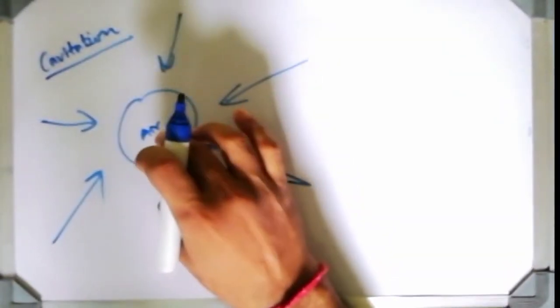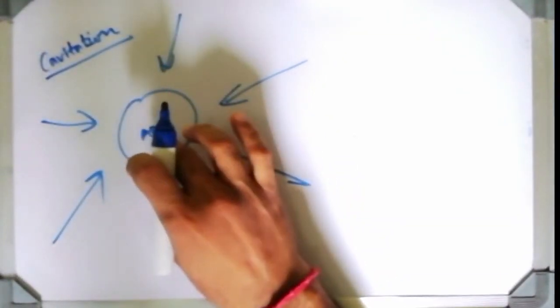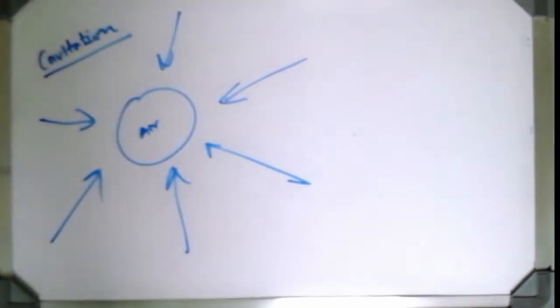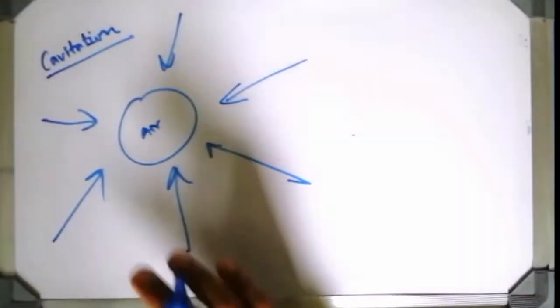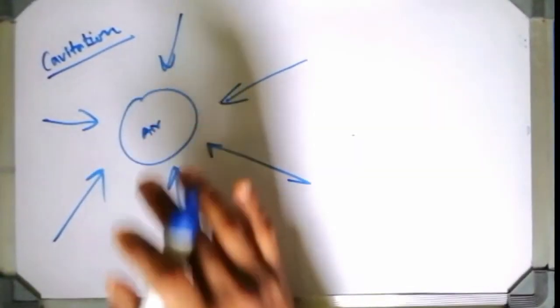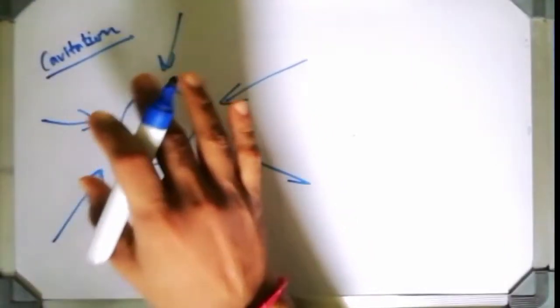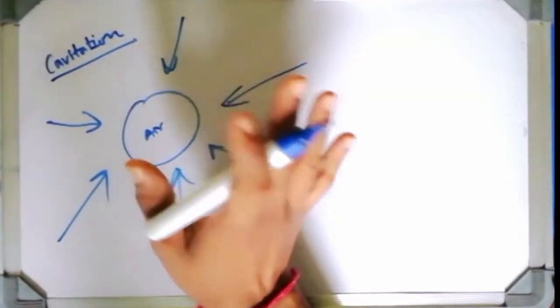If the bursting of bubbles takes place at the impeller, then all that fluid is going to hit that particular impeller part, and it will create a pitting action, by which repetitive cavitation can damage the impeller blade. It can very severely damage the impeller blade. So that is a very common phenomenon which is known as cavitation.